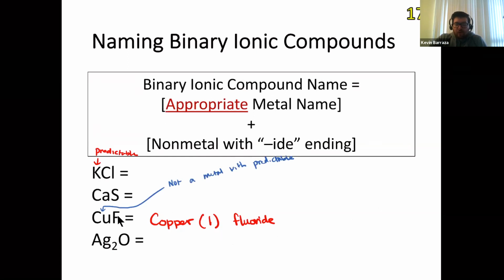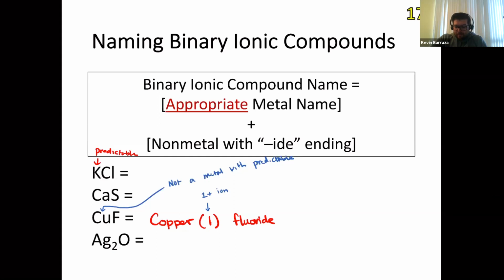So fluorine, this requires our skill of deducing charge. Fluorine makes -1 ions, therefore copper must be a +1 ion. So we say the Roman numeral for the 1+ ion.